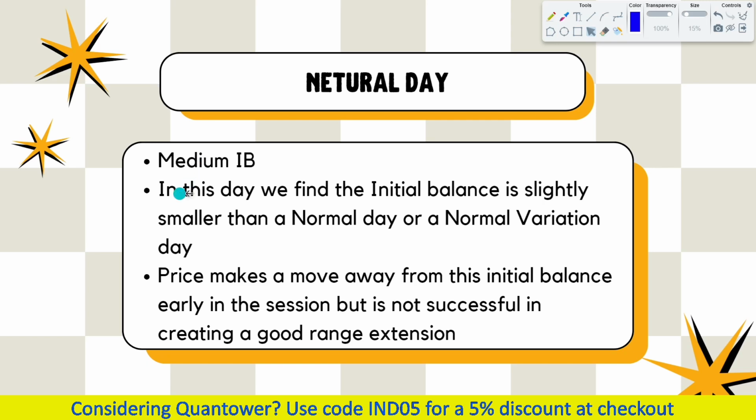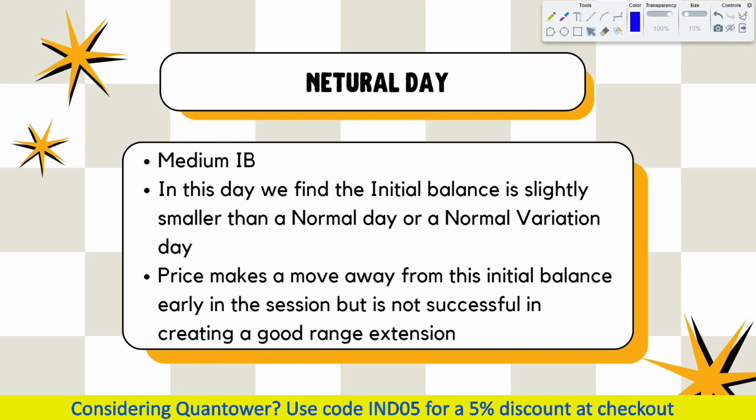So on this day the initial balance is slightly smaller. While you are practicing, just slightly avoid this point, but as you practice you will come to know. Price makes a move away from the initial balance early in the session but is not successful in creating a good range extension.